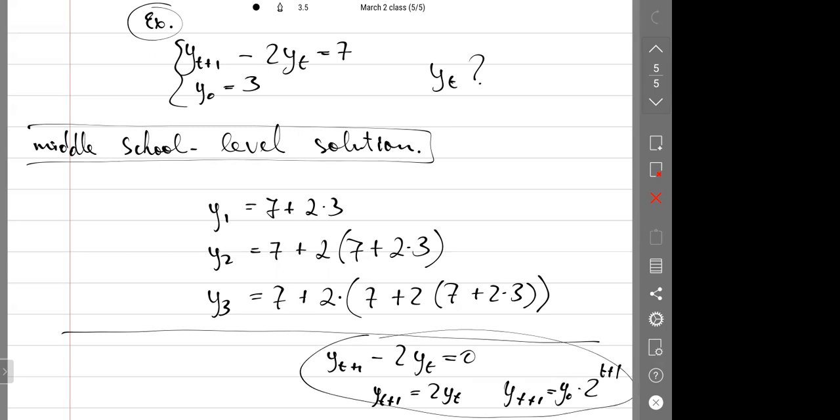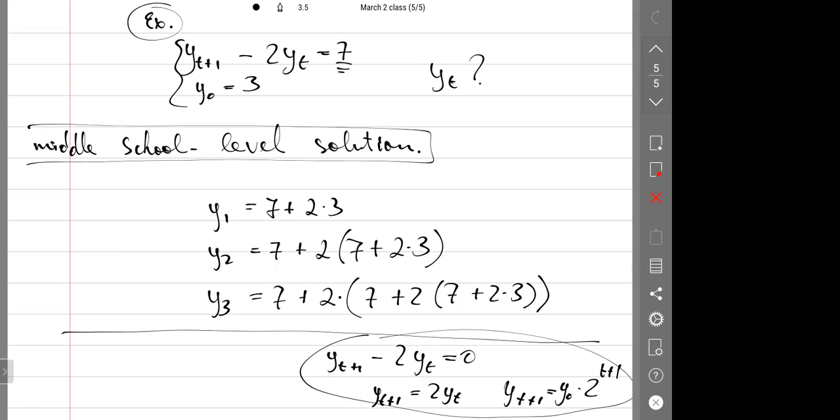And now the main idea: I'd like to kill the 7, but I'm in school, so I cannot do it like university guys. I cannot just say I will solve without 7, obtain the homogeneous solution, and find a particular solution. That's too hard for me.